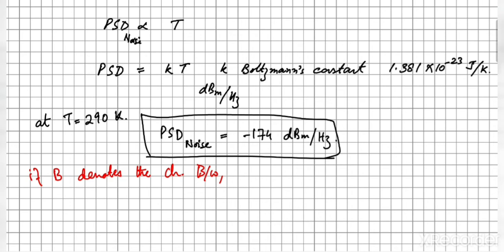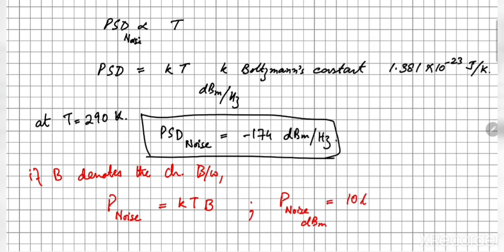If we just multiply it with the bandwidth, we get the total power that is spanned by that particular bandwidth. The total noise power P noise can therefore be given as K times T times B, and this can also be expressed in the units of dBm.